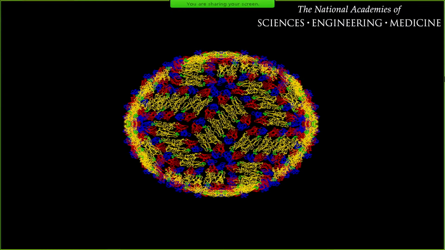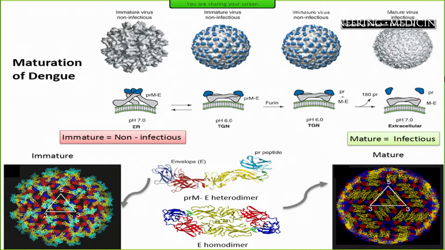Next slide, please. We also know quite a bit from studies primarily of dengue virus of the maturation pathway of the flaviviruses, and we expect Zika to be very similar. We start off in the lumen of the endoplasmic reticulum with an immature, non-infectious virus particle, and that virus particle undergoes a lot of significant translational and conformational movements as it moves into a low pH environment in the trans-Golgi network.